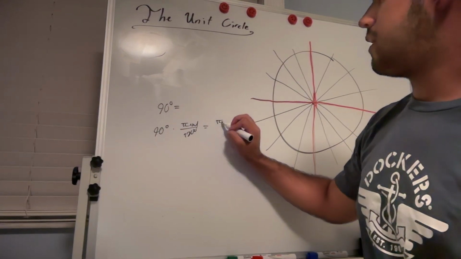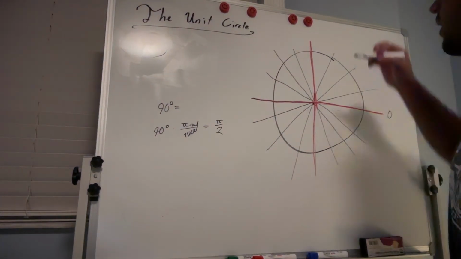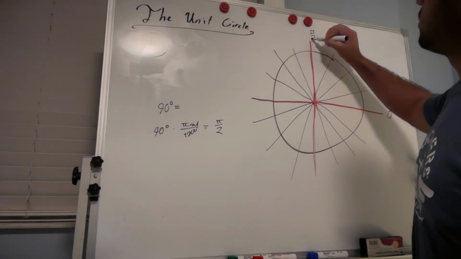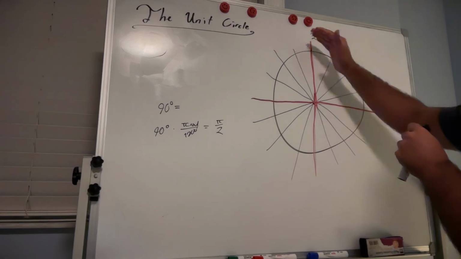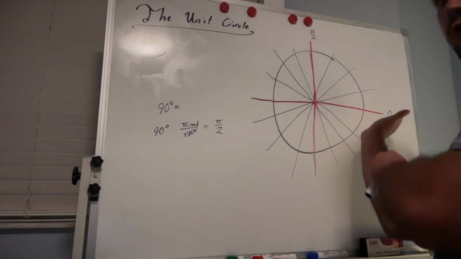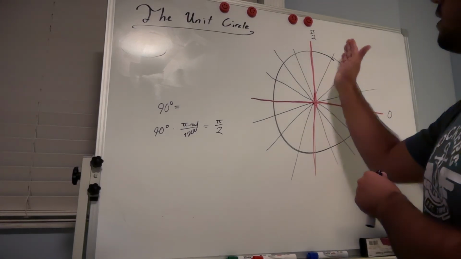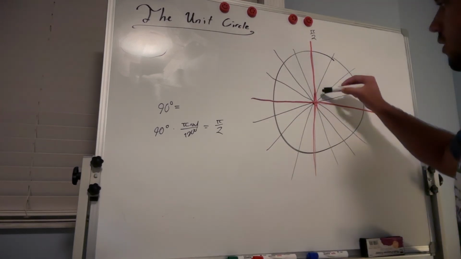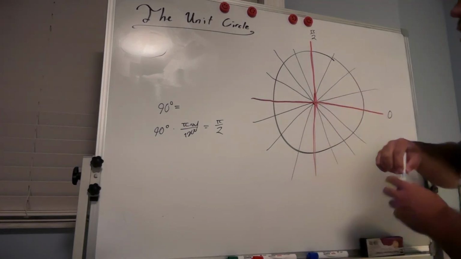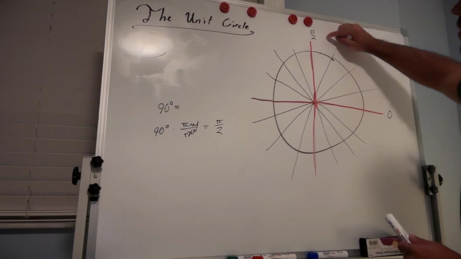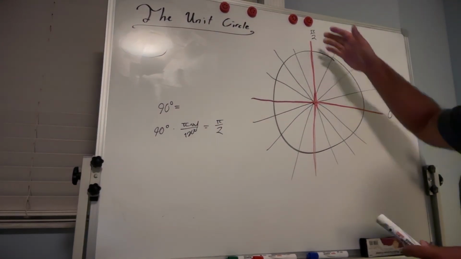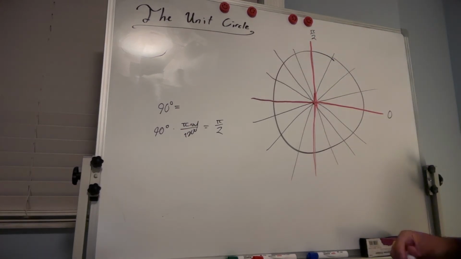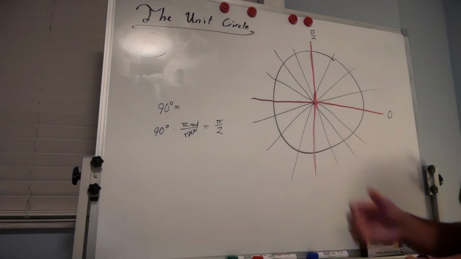So that would just be pi over 2 radians, which is what I write up there. So from here to here on the unit circle, the circle is moving pi over 2 radians. The angle here is pi over 2 radians. So I'm going to put the angle measure on the tops of each one, and that'll be in radians.